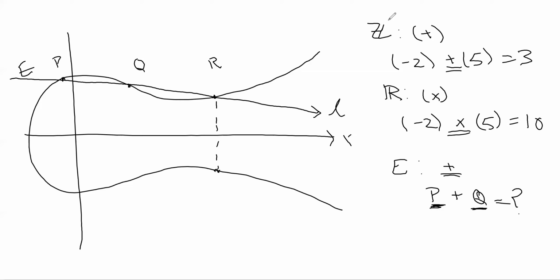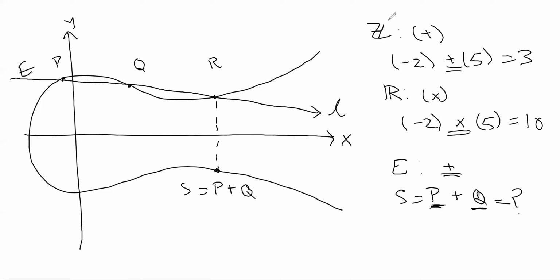So this is the x-axis, this is the y-axis, and the reflection of R over the x-axis, this point right here, is what's defined to be P plus Q. So let's just call this point S. So again, for the elliptic curves to be a group, what we need is some form of a group operator, some form of addition.